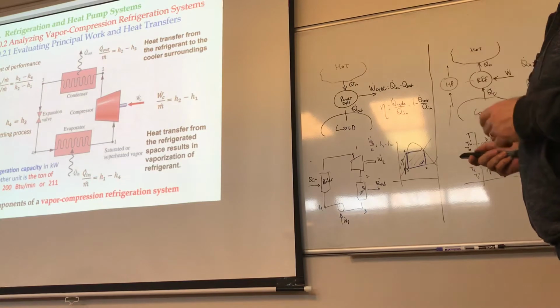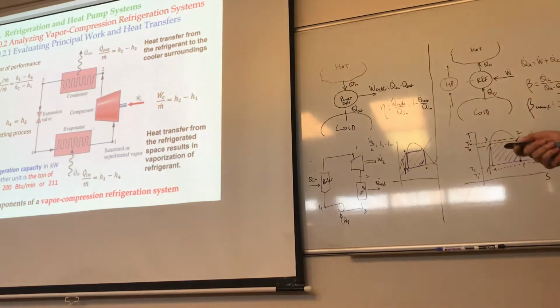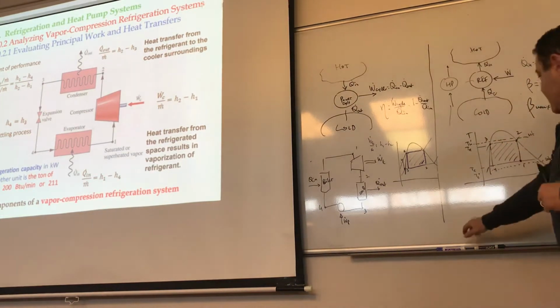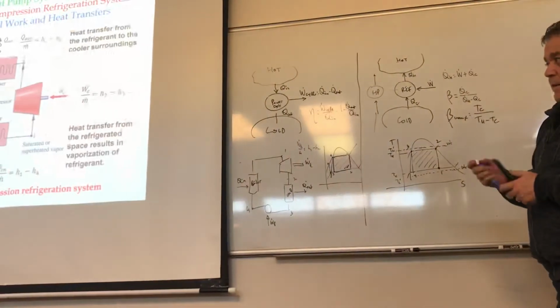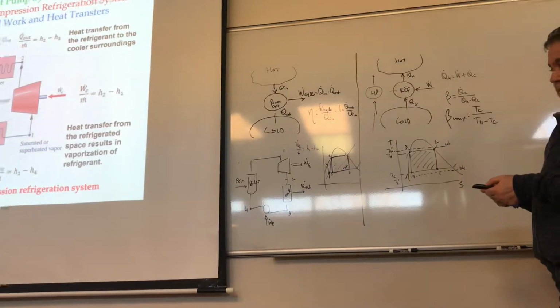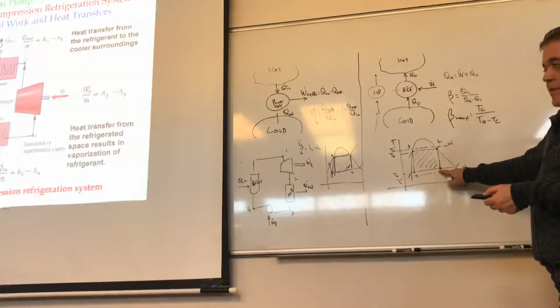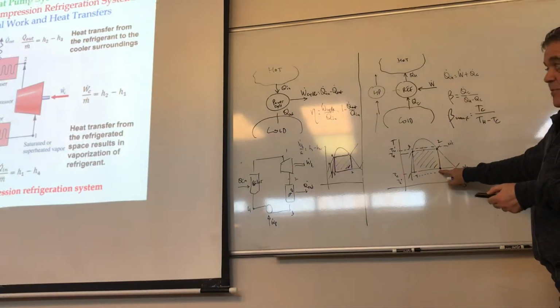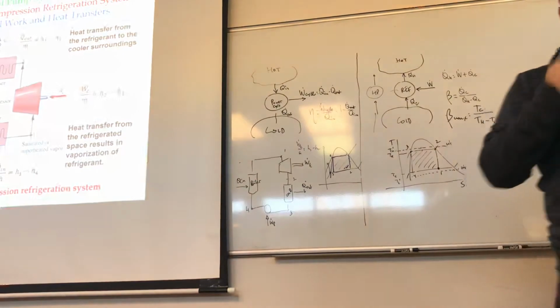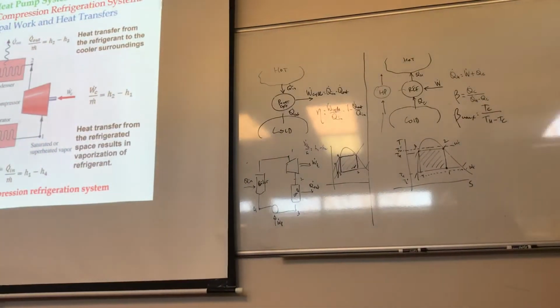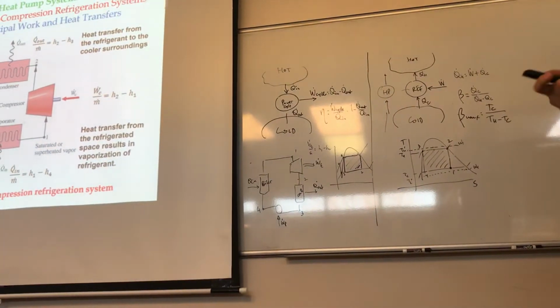And notice in here, by the way, state number 1, where did we move state number 1 to? Well, state 1 is the entrance to the compressor. See, in the Carnot, it started here, but for our cycle, it's going to start at saturated or superheated. Okay? Why? Because we want to have dry compression. We don't want to compress liquid.